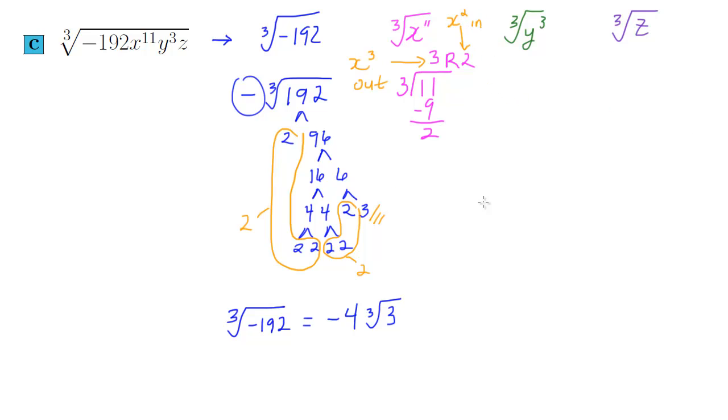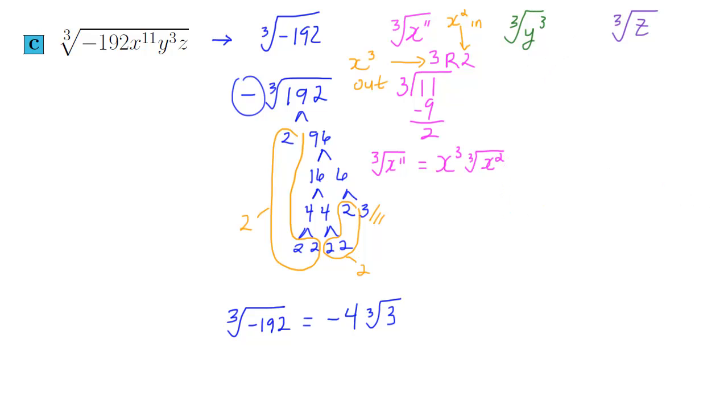So let's write what we have all together here. The cube root of x to the 11th is going to give me x cubed outside of the radical, and then inside of a cube root there's an x squared left over.